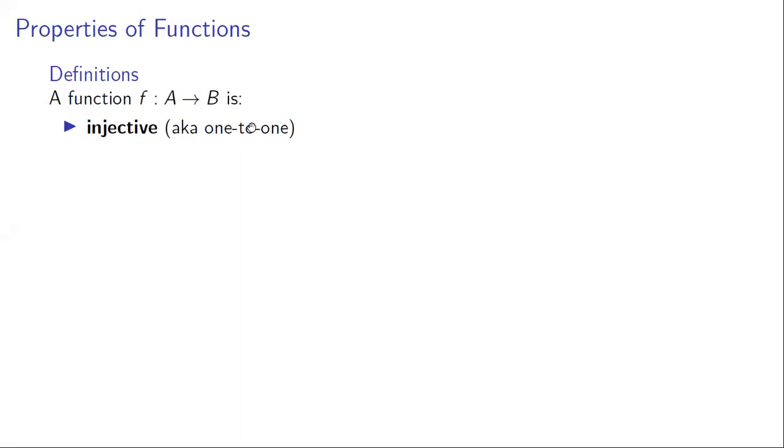or we sometimes use the term one-to-one, if for every x and y in A, x not equal to y implies that f of x is not equal to f of y. Okay, so what this is saying is that the injective property means the following.